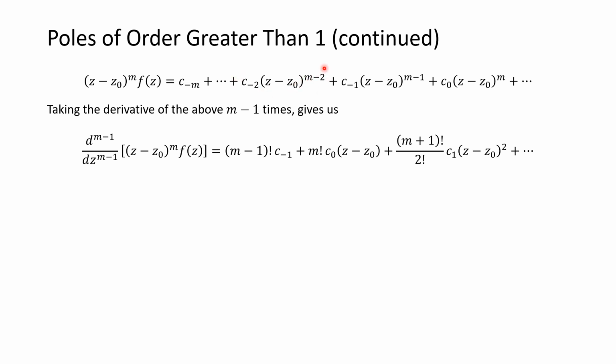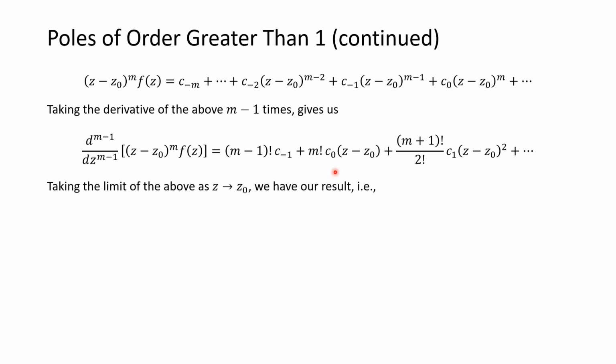All these terms up to here go to 0, and then this term here is (m minus 1) factorial times c sub minus 1. And then all the remaining terms after that have a (z minus z sub 0) term in them.